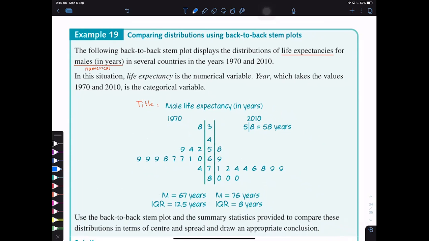And what about this idea of years, of 1970 and 2010? I'll pick someone else. Adele, are you there? Arafat?